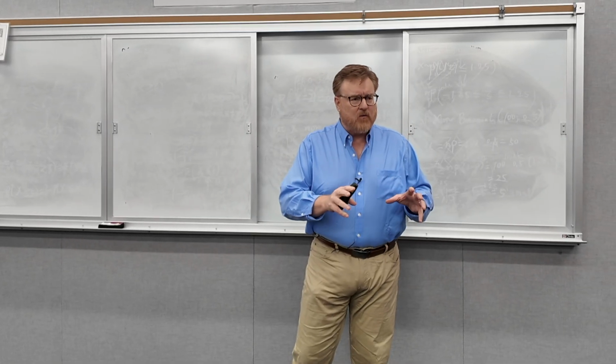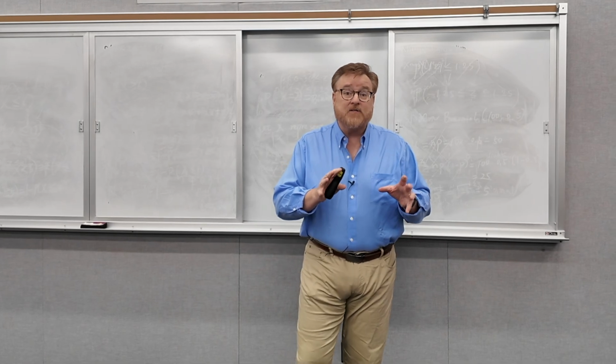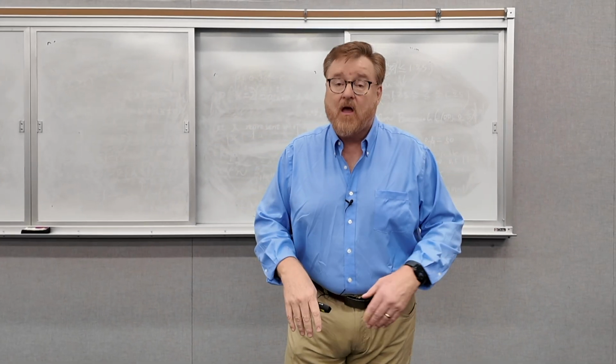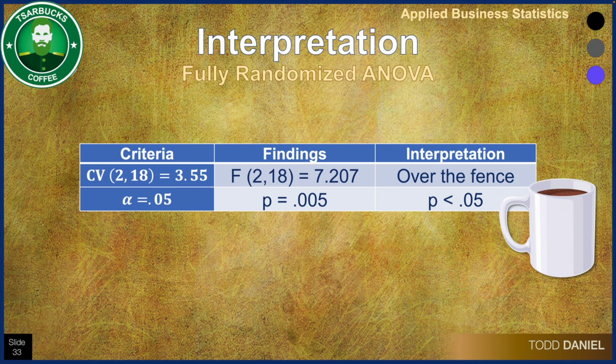Let's quickly review what we've learned so far. First step, is there a statistically significant difference in our model? We calculated a critical value with 2 and 18 degrees of freedom at 3.55. Our F statistic is 7.207, which is over the fence of 3.55, statistically significant.